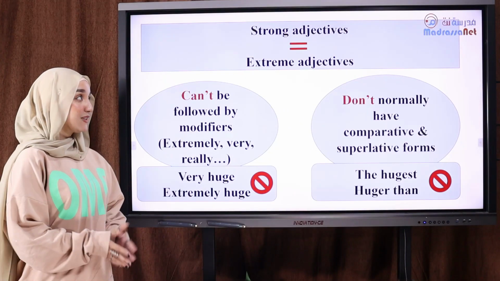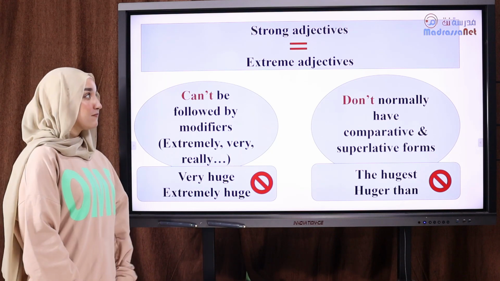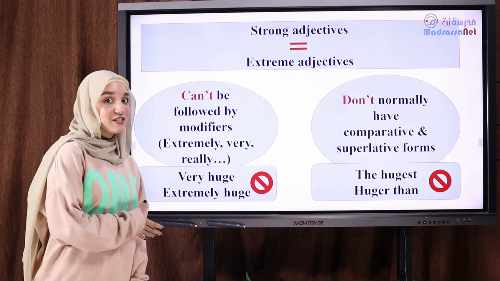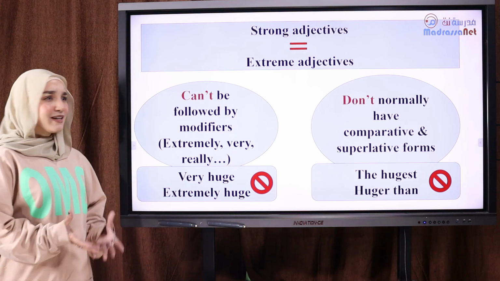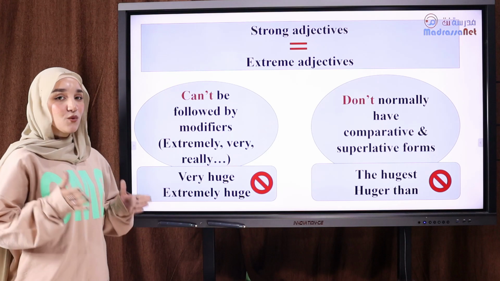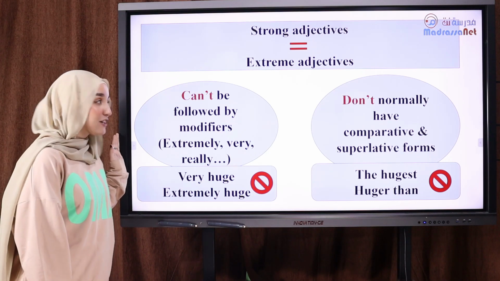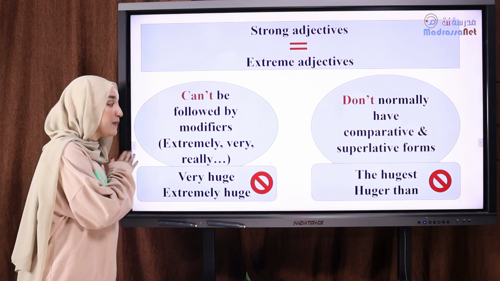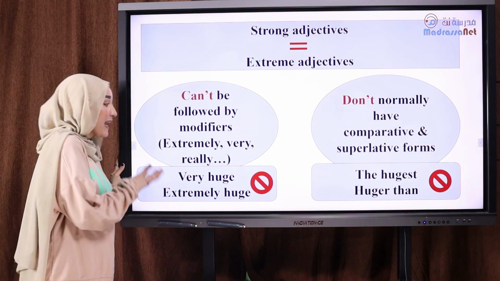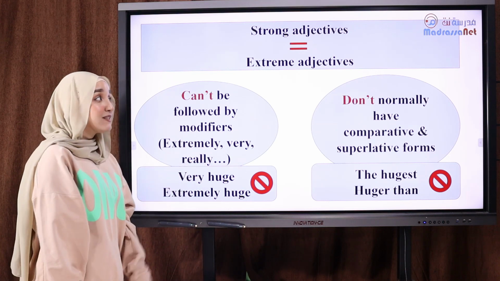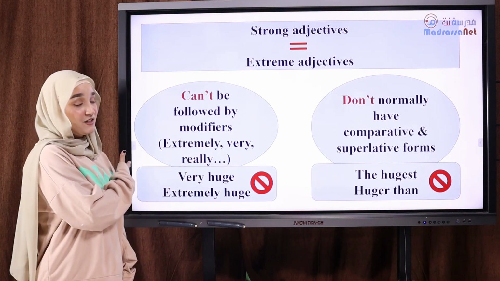So, let's get back. Strong adjectives, also known as extreme adjectives. Okay, what is an extreme adjective? Let's find out. So, strong adjectives or extreme adjectives, they can't be followed by modifiers. We can't add extremely, very, really, to the strong adjectives.